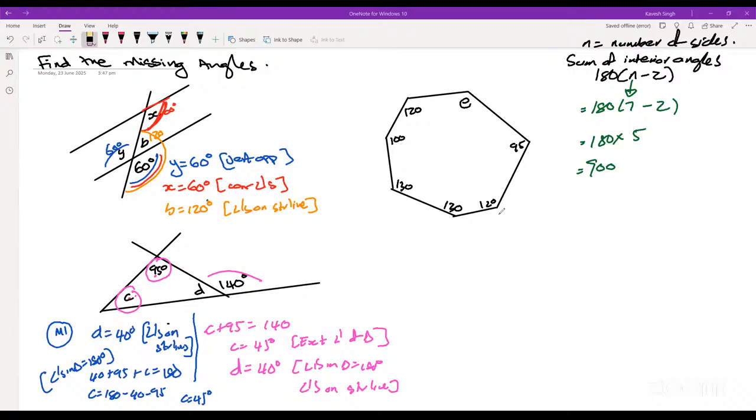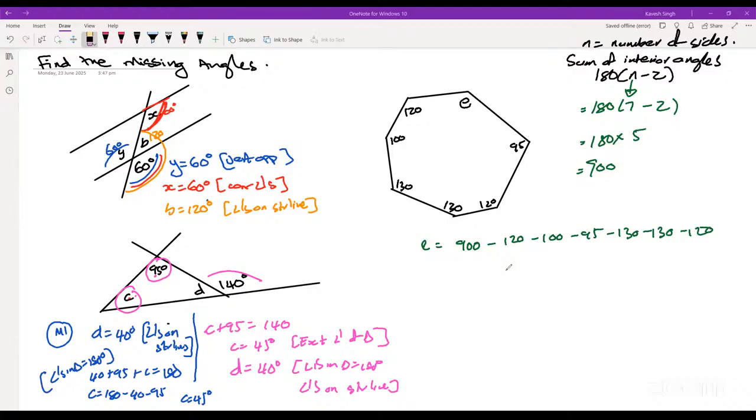So to get e, I take 900 and subtract all the other angles: 120, 100, 95, 130, 130, 120. I could even add all of it up and subtract it afterwards. If I chose the angles correctly, which was quite random, let's see what it gets. It comes to 205.